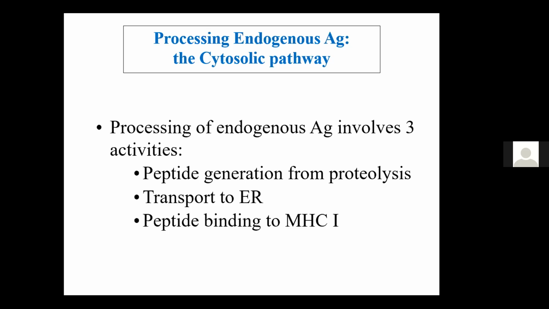Now, this processing of endogenous antigen involves three activities. Number one, peptide generation from proteolysis, or the breakdown of proteins into smaller peptides. So it's like cutting. If you go to Mumias Sugar Company, you look at the way sugar is obtained from the farm and taken through different stages.